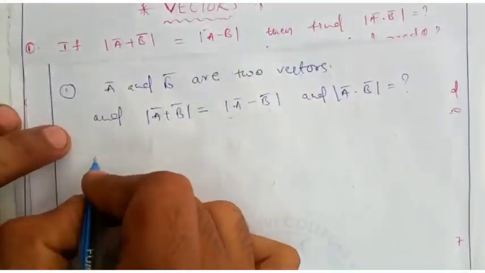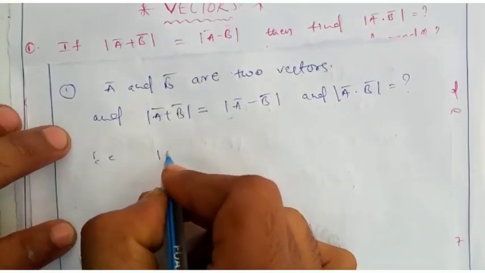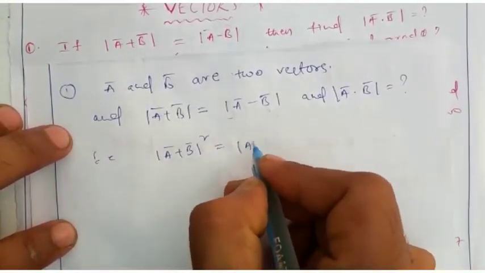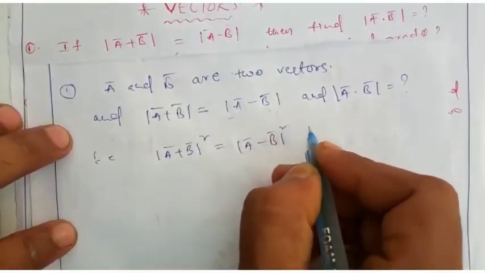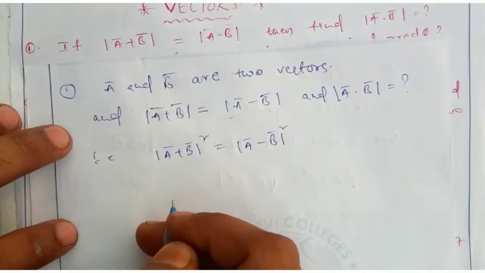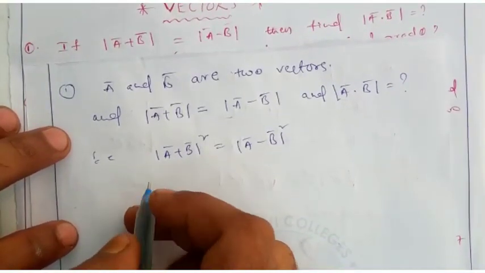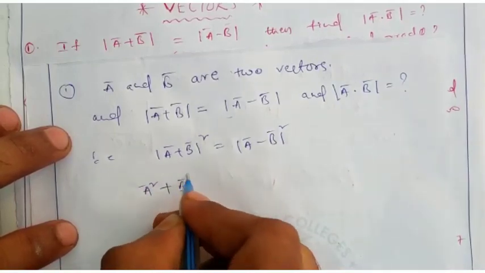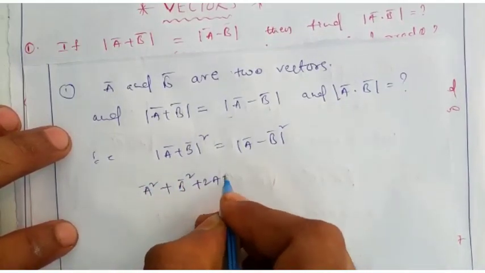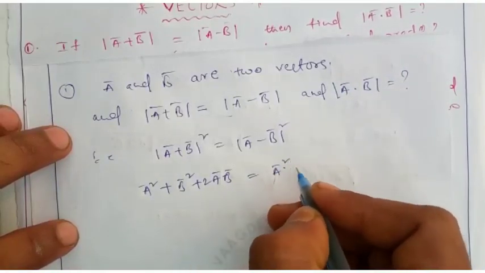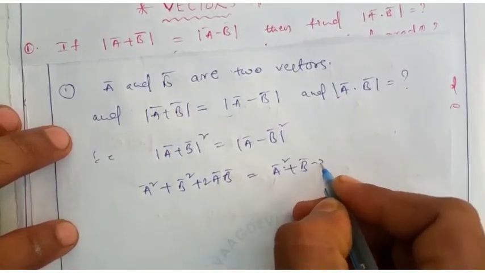So simply I am squaring this condition, that is modulus of A bar plus B bar whole square is equal to modulus of A bar minus B bar whole square. Applying the formula, A bar square plus B bar square plus 2 A bar dot B bar is equal to A bar square plus B bar square minus 2 A bar dot B bar.